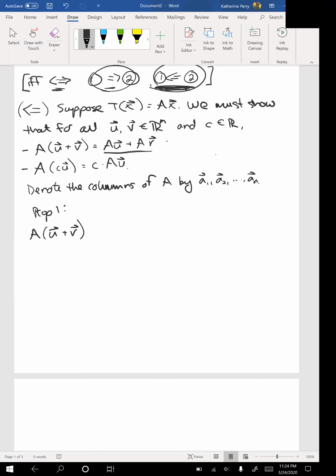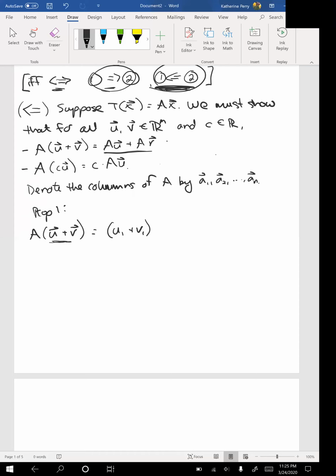So if I have my matrix A times two vectors, remember from the last video, what that means is I am going to multiply the first entry of my vectors. So that would be U1, say, plus V1. And remember, these are entries in my vectors. They are not vectors themselves.